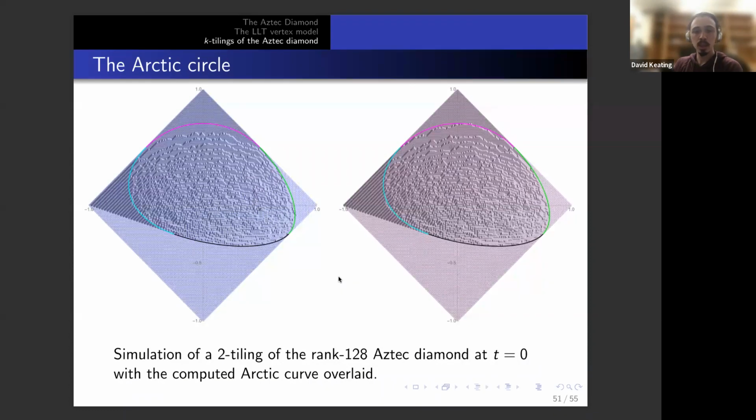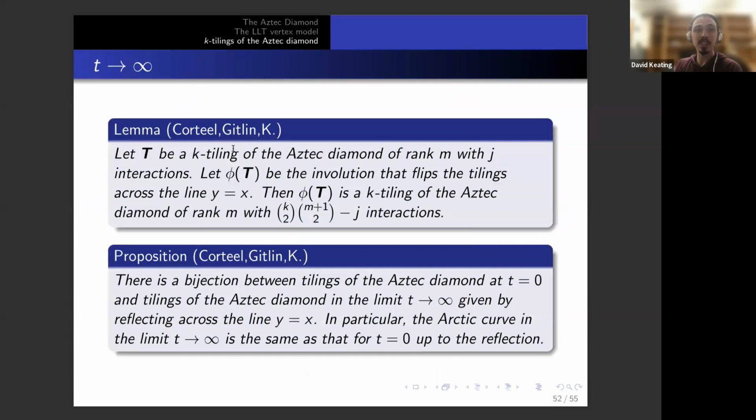Okay. So there's one last special case I wanted to deal with, which was t goes to infinity. It turns out there's an involution between the tilings, where if you reflect the tilings along the line y is equal to x, it maps a k tiling with j interactions to a k tiling with the maximum minus j.